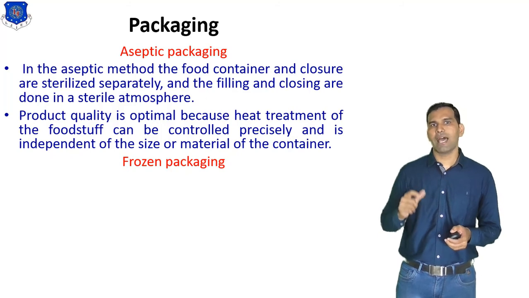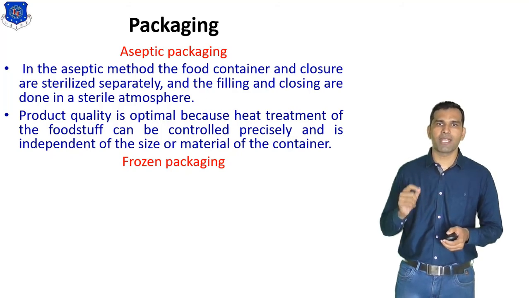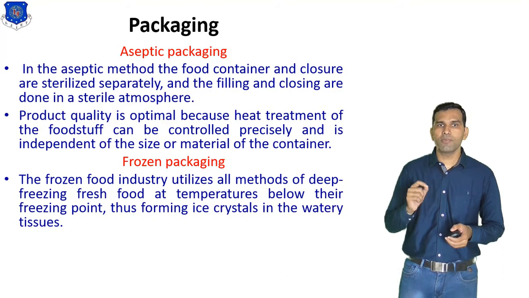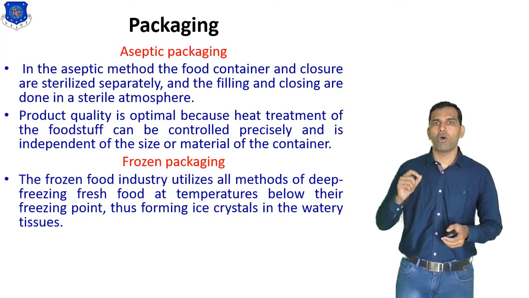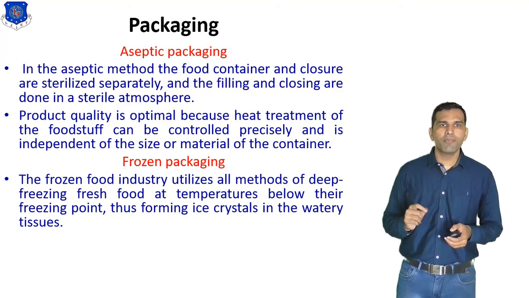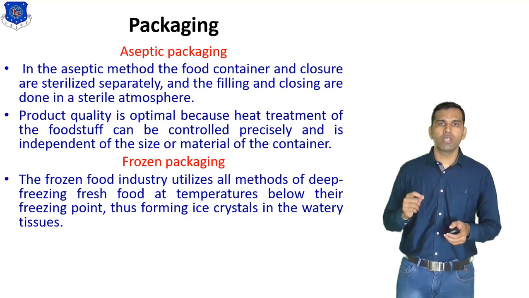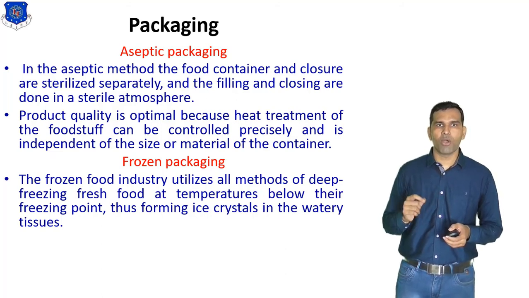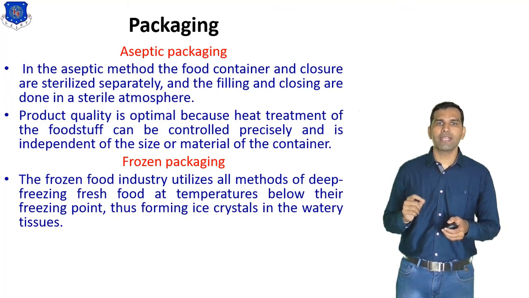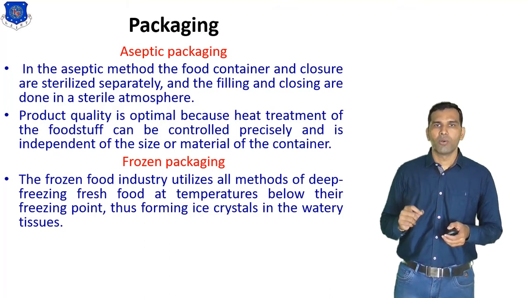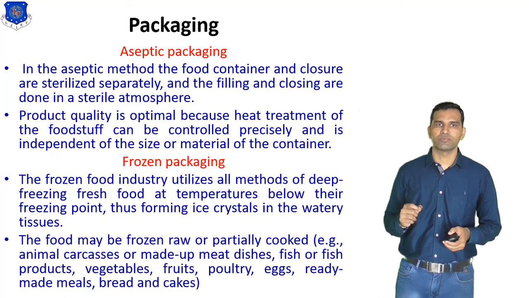Now we discuss the last method, frozen packaging. The frozen food industry utilizes all methods of deep freezing fresh food at temperatures below its freezing point, thus forming ice crystals in watery tissues.